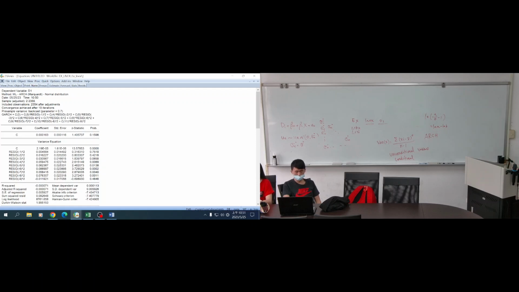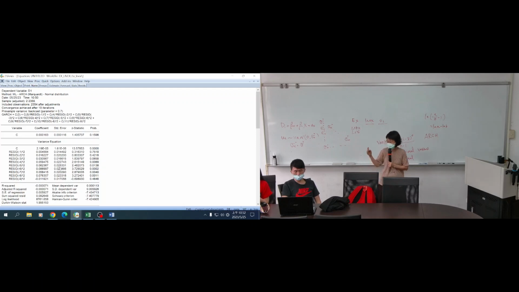So this is what we say: if we find there's heteroscedasticity in our time series model, not only the autoregressive but also the heteroscedasticity, then we can use the ARCH model, which expresses it better than just using OLS.